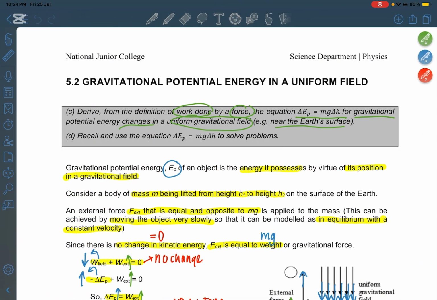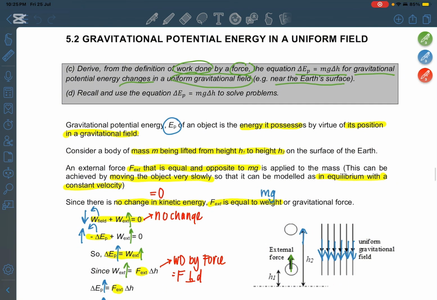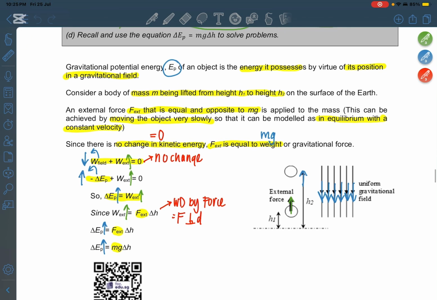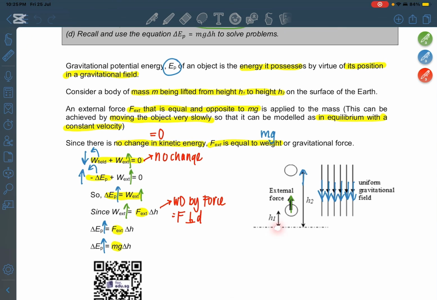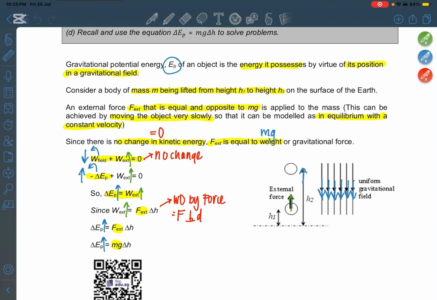Okay, so GPE in a uniform field. The GPE of an object is the energy it possesses by virtue of its position in a gravitational field. Now if you consider a body of mass being lifted from H1 to H2 on the surface of the Earth, there would have to be an external force equal and opposite to mg, which is the weight, applied to the mass.